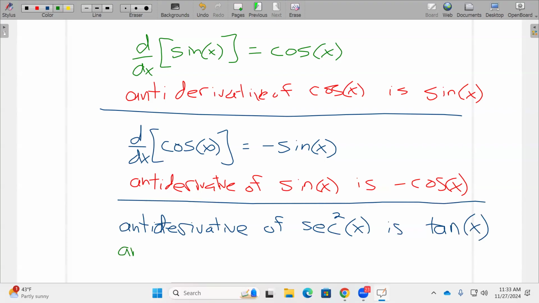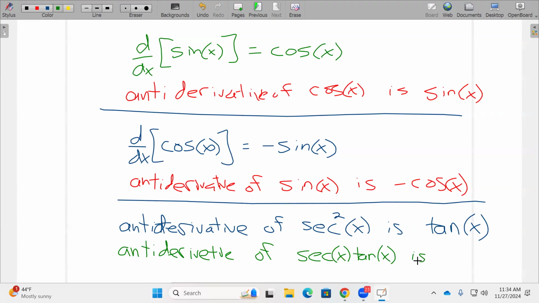How about the antiderivative of secant of x times the tangent of x? What trig function had that derivative?